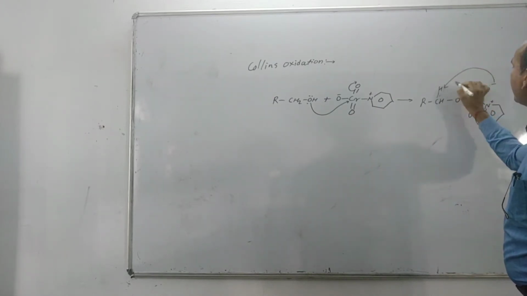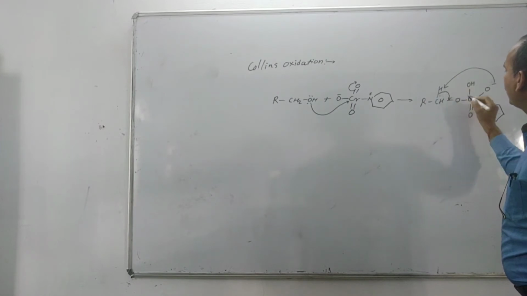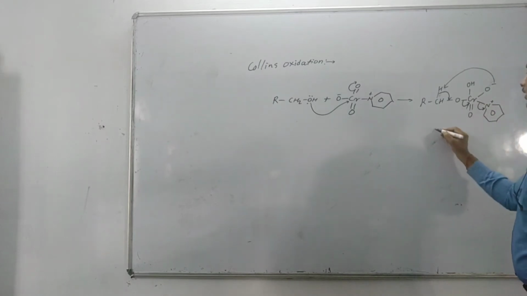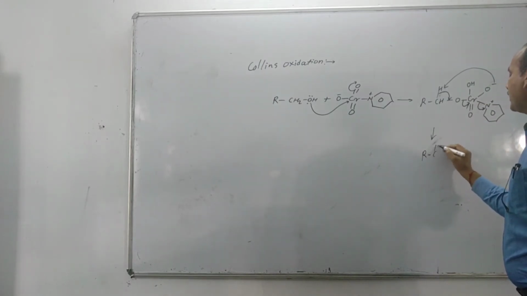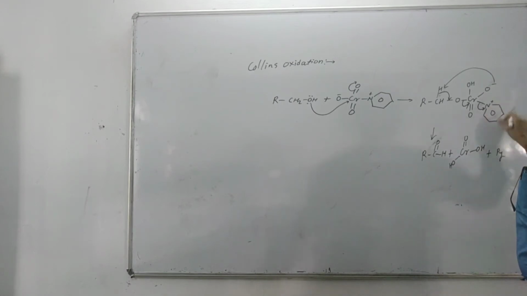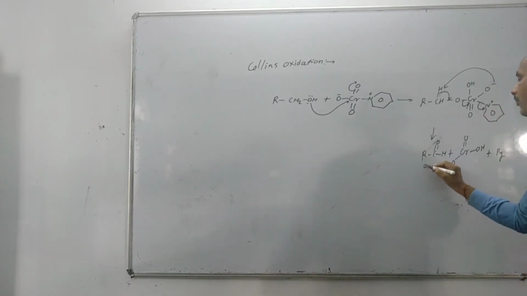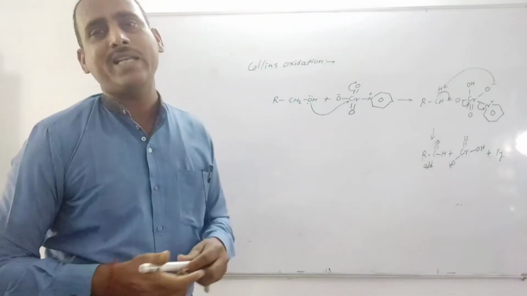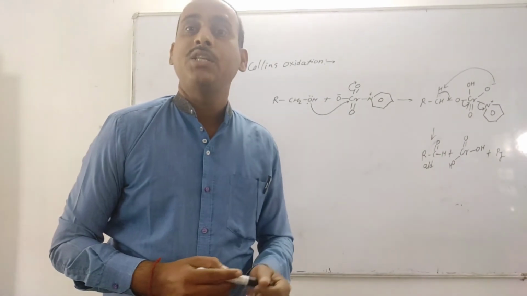So this O minus takes the proton, this bond shifting here, this bond shifting here, and the lone pair of nitrogen is retained. So it will become RC double bond OH plus Cr double bond OH, and this is another OH plus pyridine. This pyridine is removed here. So again formation of aldehyde, or it may be further oxidized to carboxylic acid by the same oxidizing agent.